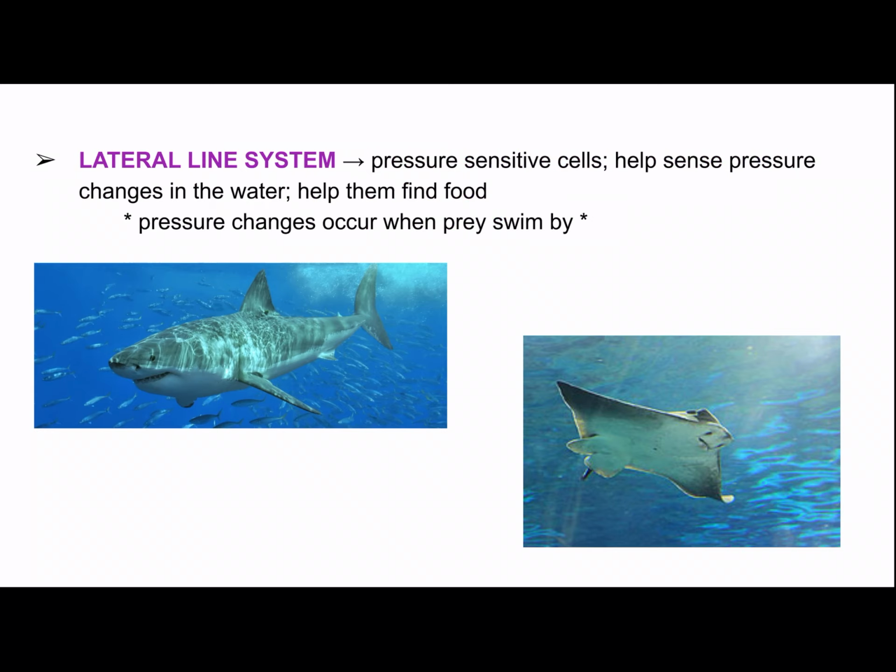There you can see an example of a shark, and of course, that big fin on its back is very indicative of a shark. That's the dorsal fin, the large dorsal fin on the back of the shark, and that is what you see coming up out of the water when a shark is going after prey.